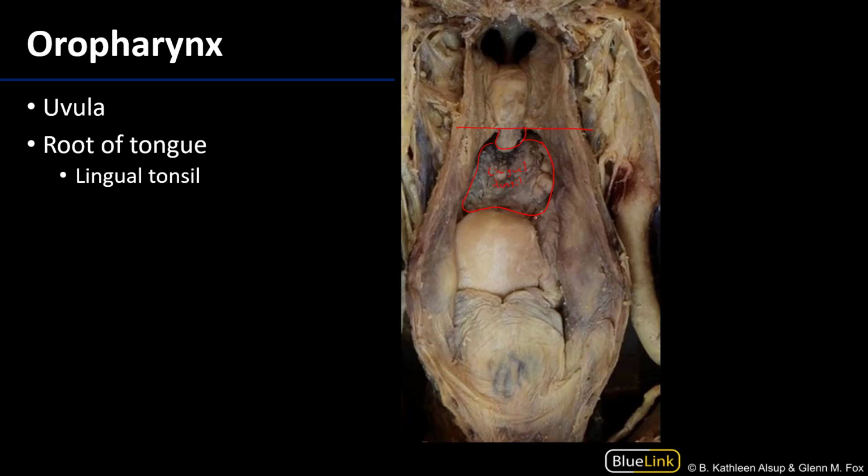The epiglottic valleculae would be behind the epiglottis here, and so they're heading down there and there. Let me spell that for you. Vallecula would be singular, valleculae is plural. And so with the epiglottis here, we have the boundary between the oropharynx and the laryngopharynx.